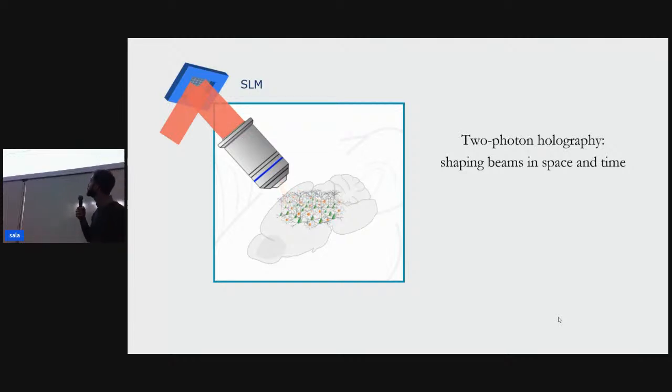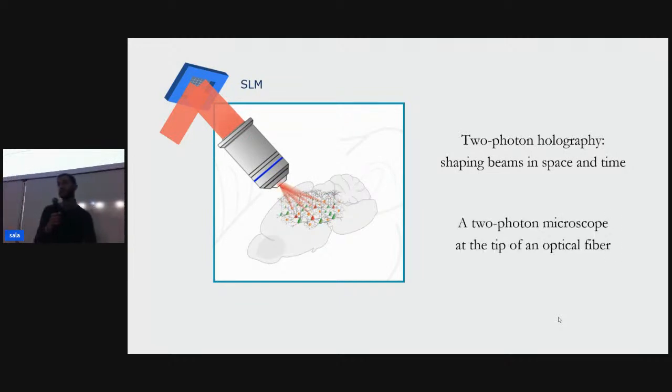The first one is a method to be even more precise on the neurons that we want, that uses nonlinear excitation and not only spatial, but also temporal beam shaping. And then I will touch on the last application that we've developed in recent years, which is the way to go if we want to miniaturize all this and put it on the tip of an optical fiber so that we can do different kinds of studies.